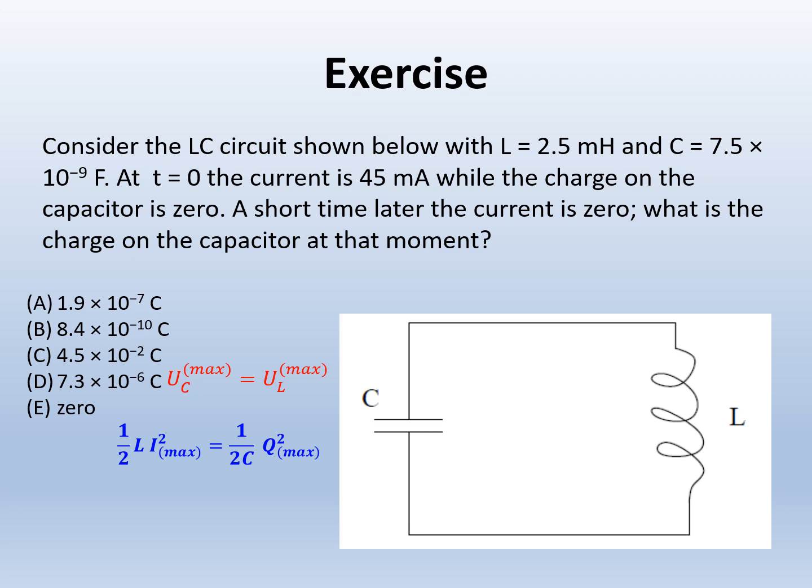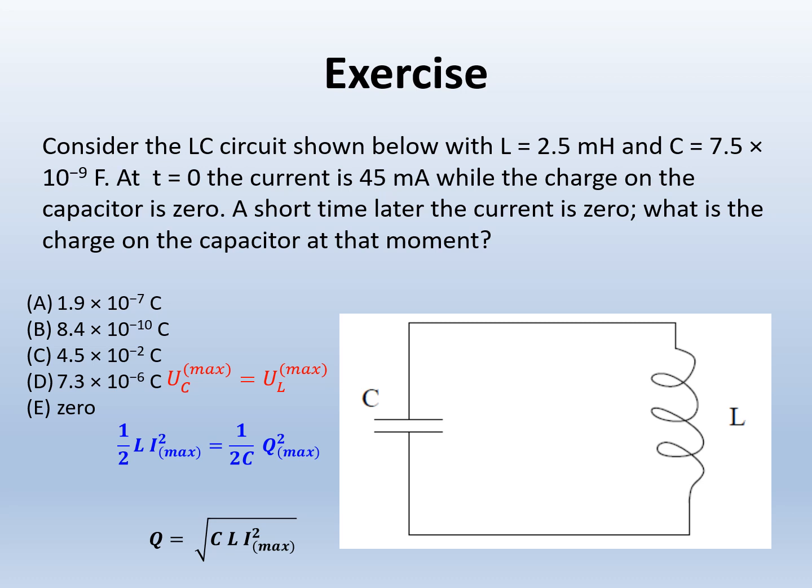And the exercise says next, some time later, the current is 0. If the current is 0, the inductor cannot have any energy. Then the total energy the inductor was keeping must have been given to the capacitor. So the amount of energy the inductor was keeping is now equal to the total energy in the capacitor.